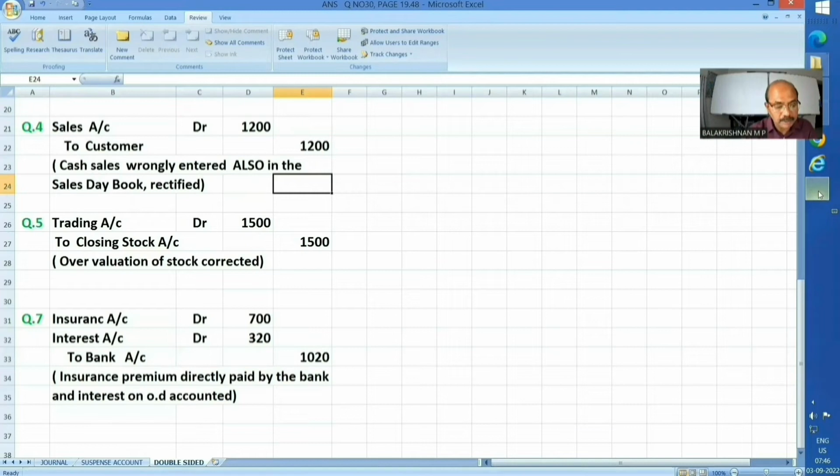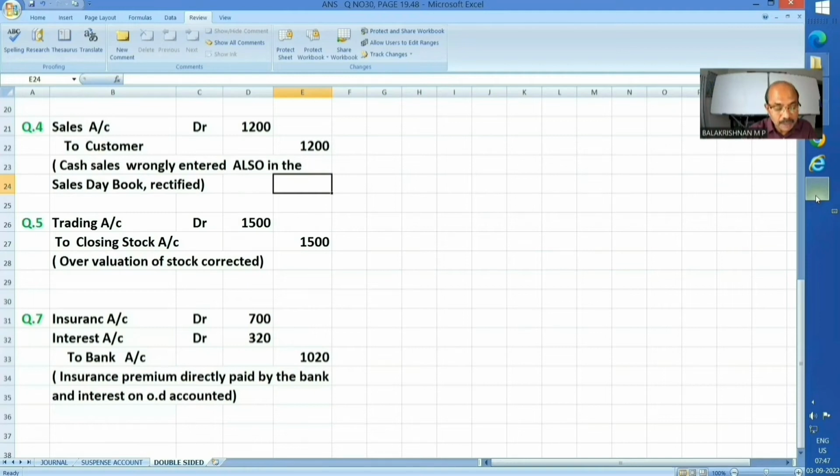Next one. Cash sales to Ramlal for rupees 1,200 were recorded in cash book as well as in sales book and were posted from both. Well, cash sales recorded in cash book is fine. Mistake is that unnecessarily it has been entered in the sales day book also.